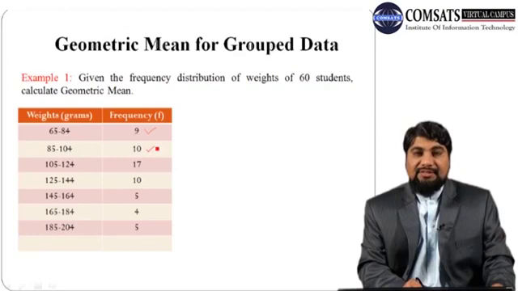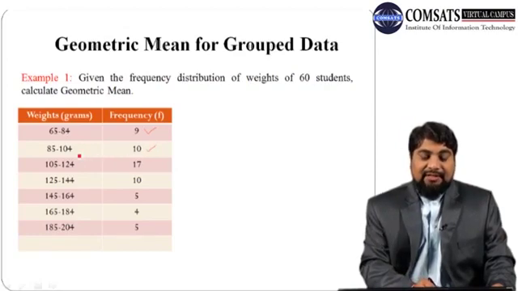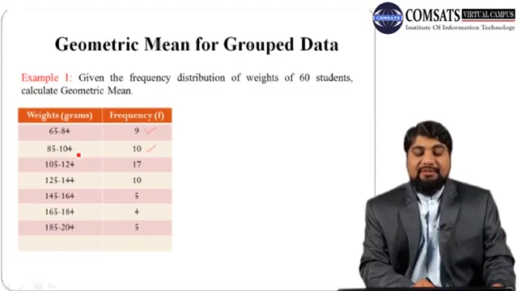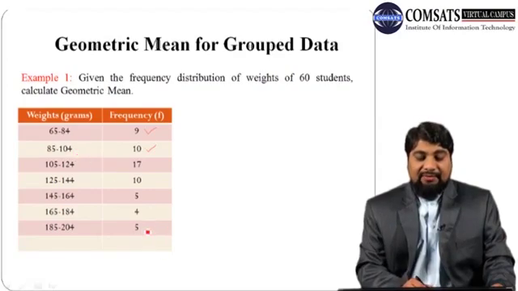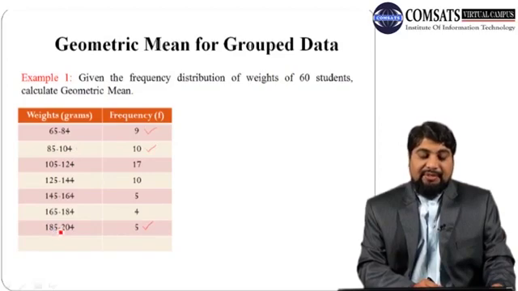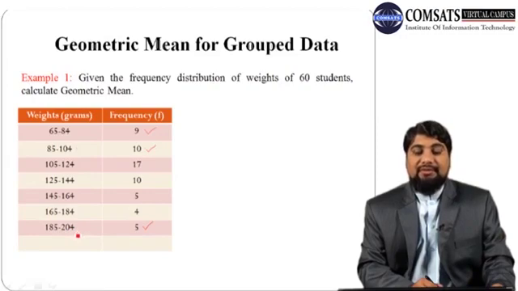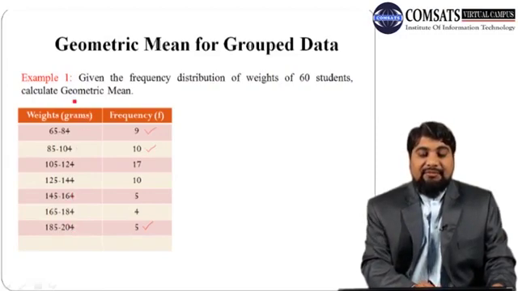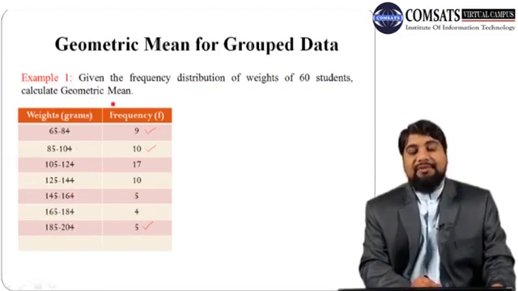The second frequency is 10, so there are 10 students having weight from 85 to 104 grams, and in the end we have 5 students having weight from 185 grams to 204 grams. Our objective is to calculate the geometric mean.